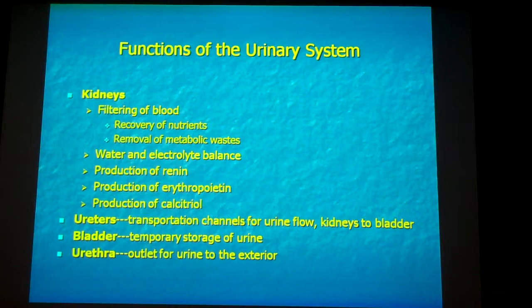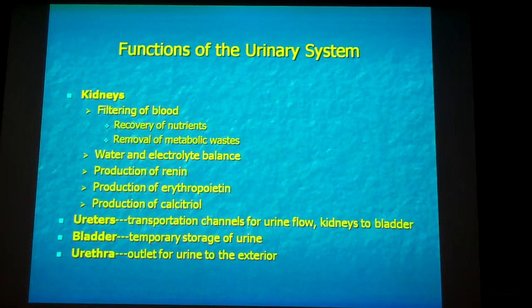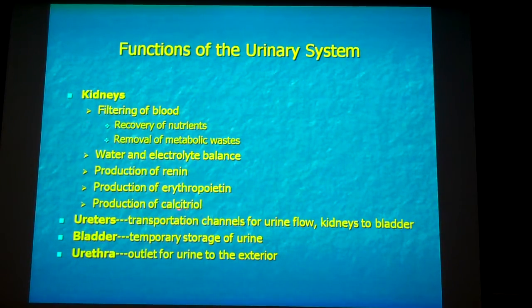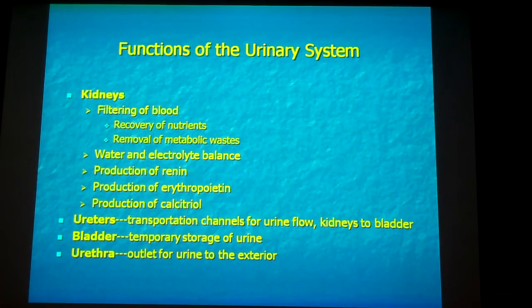Erythropoietin. Do you remember where it came from? Well, it comes from the kidney. All right. And the kidneys also produce this hormone right here, calcitriol. So this has a lot to do with vitamin D absorption. All right, so that's what the kidneys are doing.